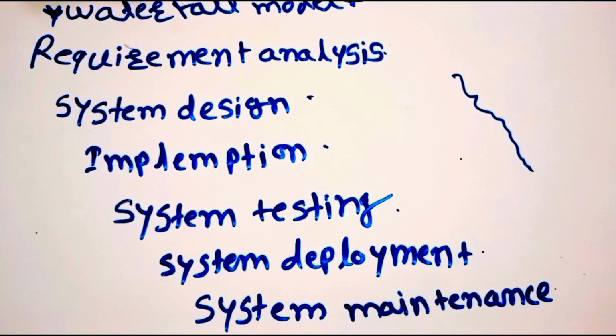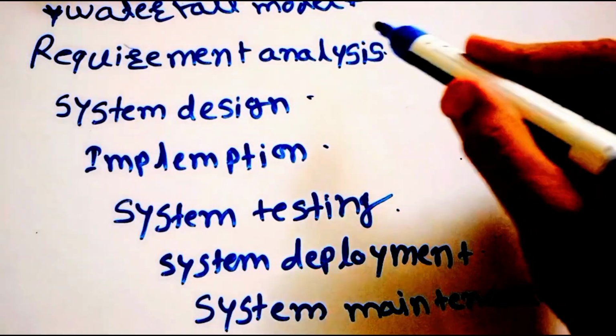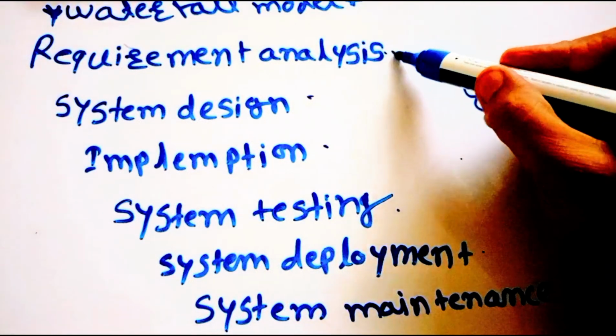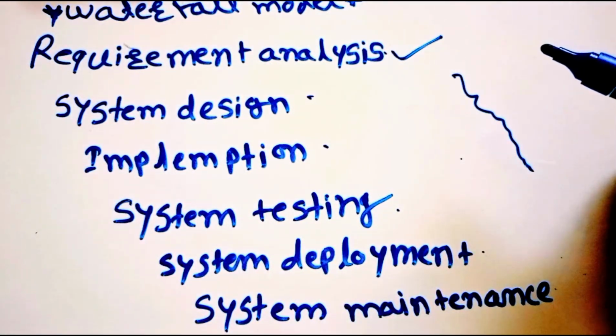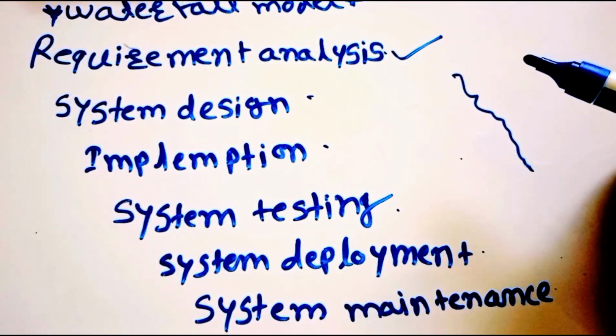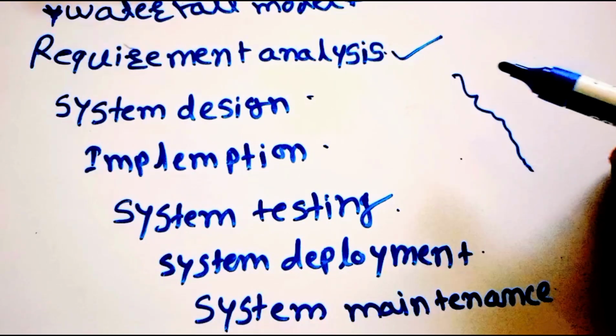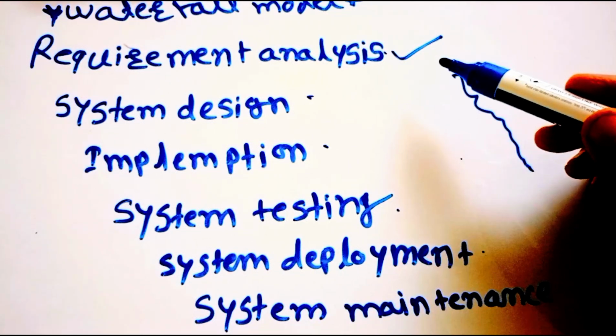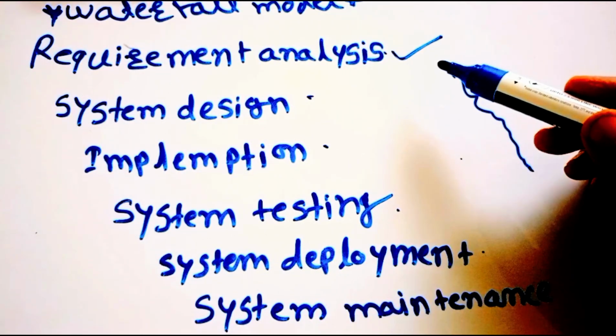So here are the main phases of the waterfall. The first one is requirement analysis. This is the initial phase, where all the requirements of the project are gathered and documented.